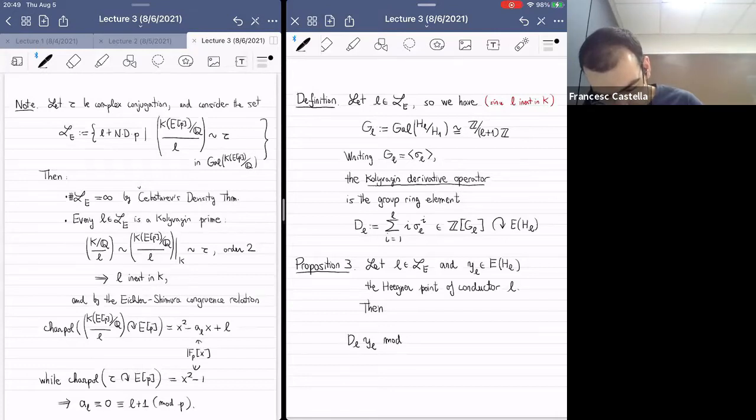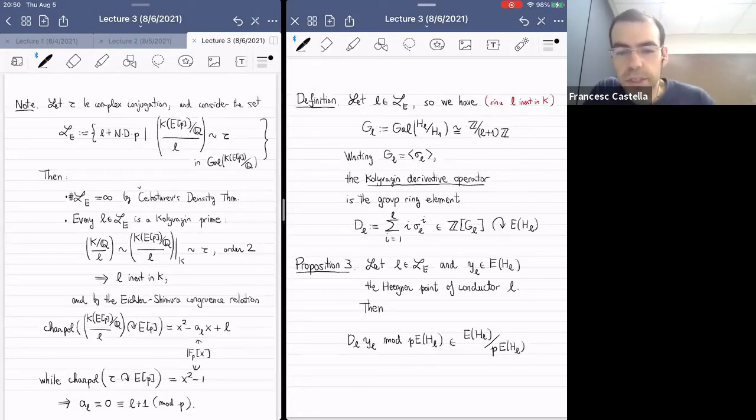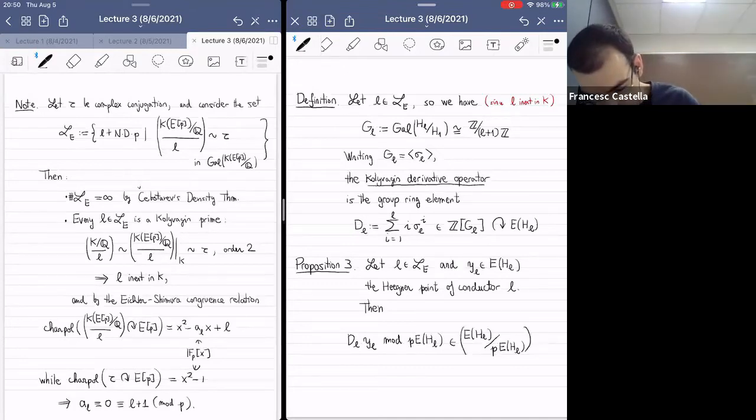We can look at its class modulo multiples of p, and that gives us a class here. The content of this proposition is that it doesn't only land in here, obviously it does, but it's fixed by G_L.